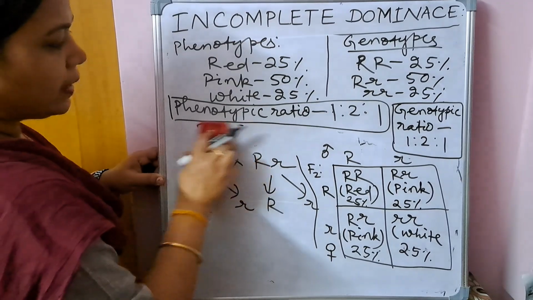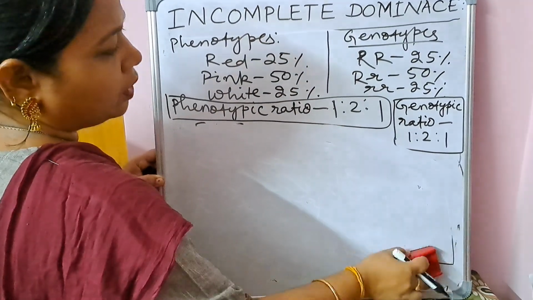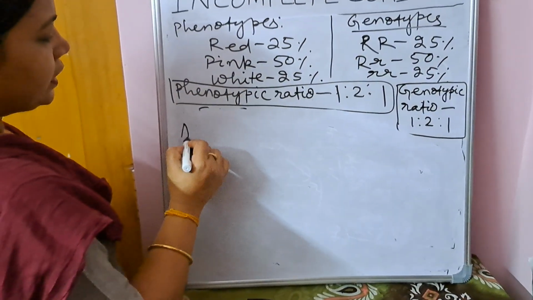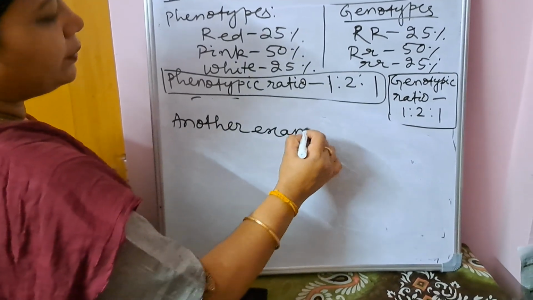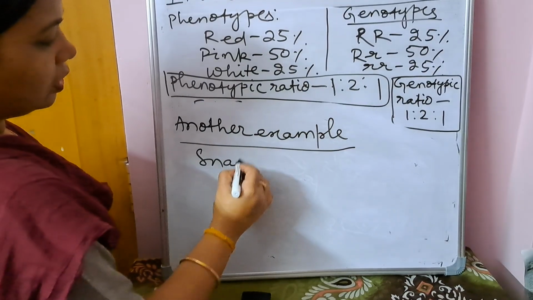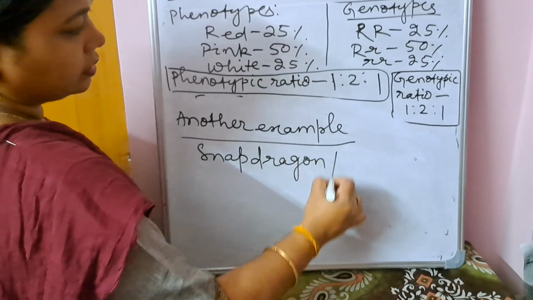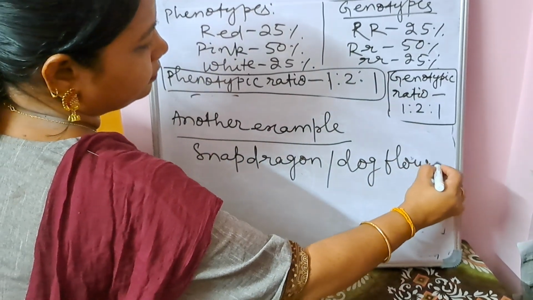Now another example of this incomplete dominance in our nature is found in snapdragon or dog flower. And what is the scientific name?